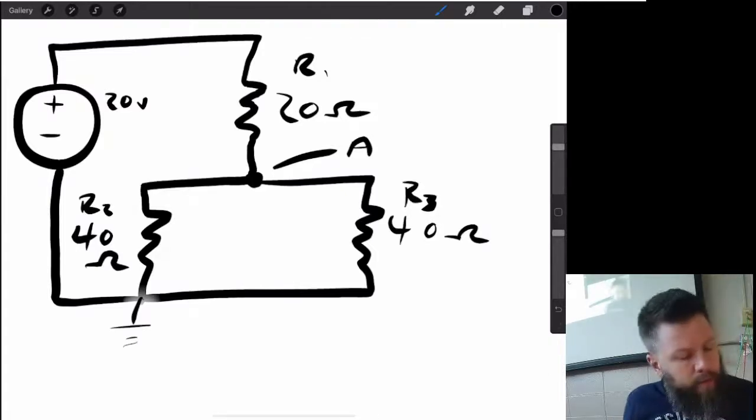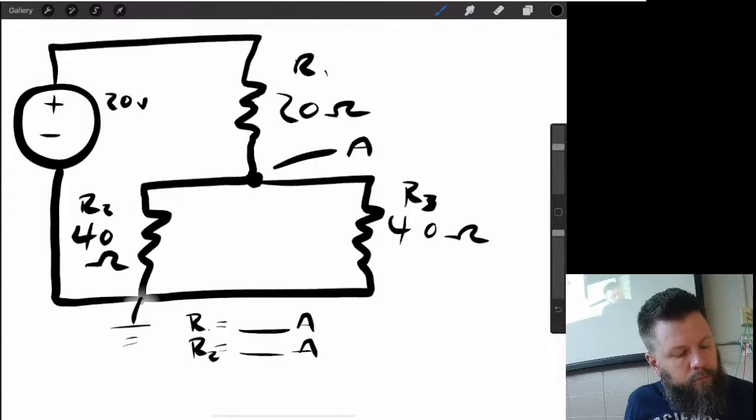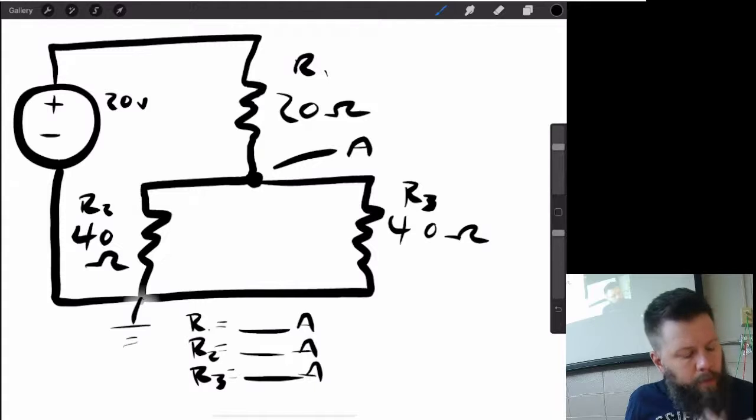And then what I want is the current going through R1, the current going through R2, the current going through R3.